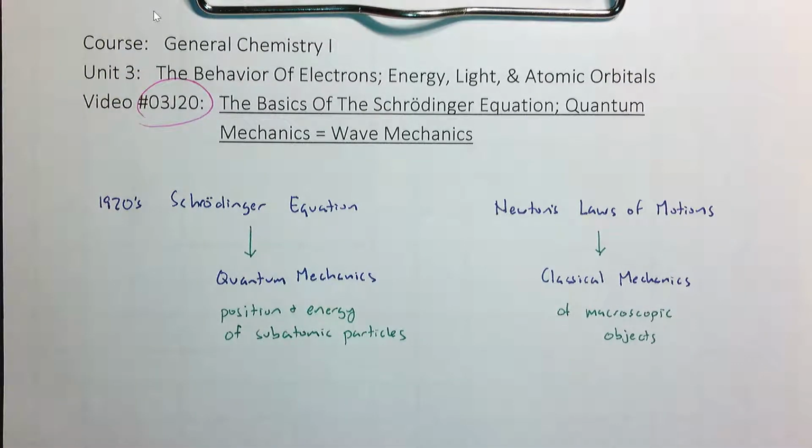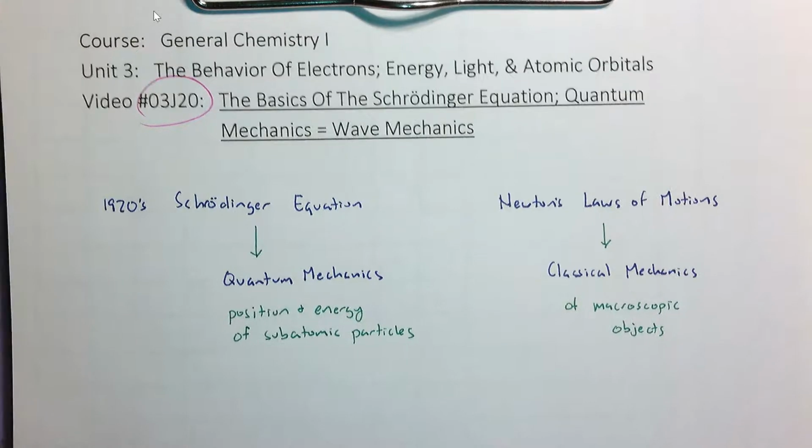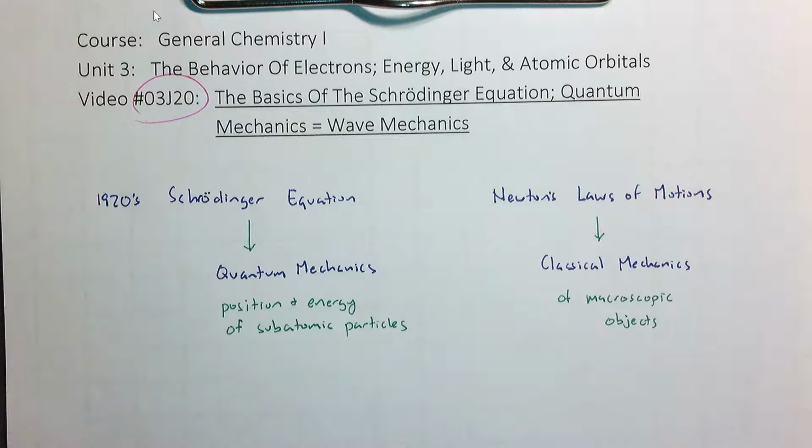After Bohr gave his orbit theory or his quantum theory of how electrons behave around a nucleus, next comes Schrodinger, who expands upon that. All right, I've delayed quite enough.